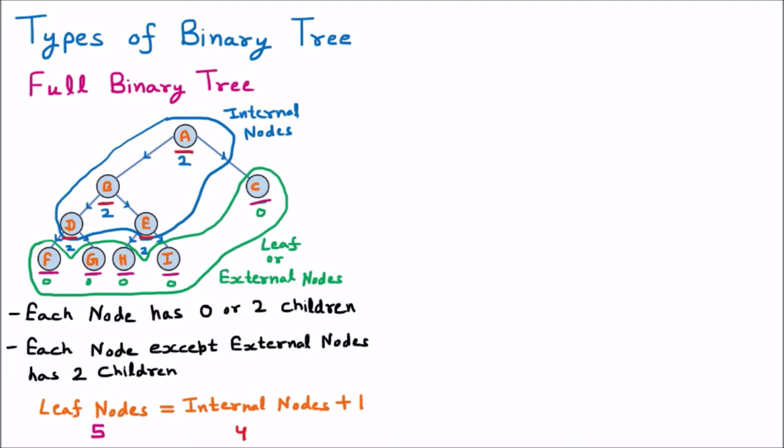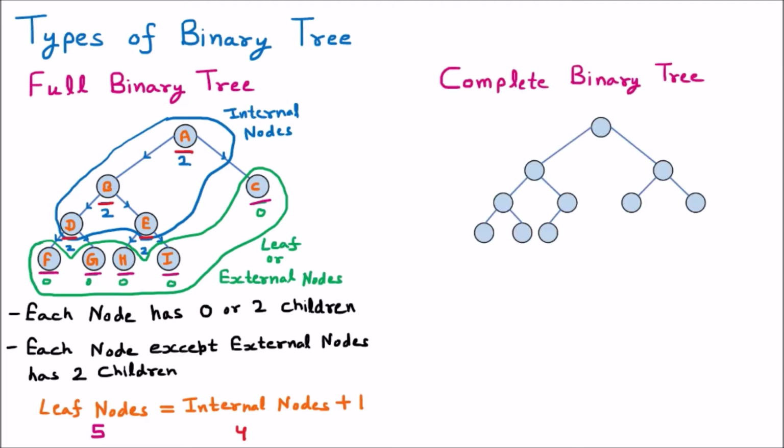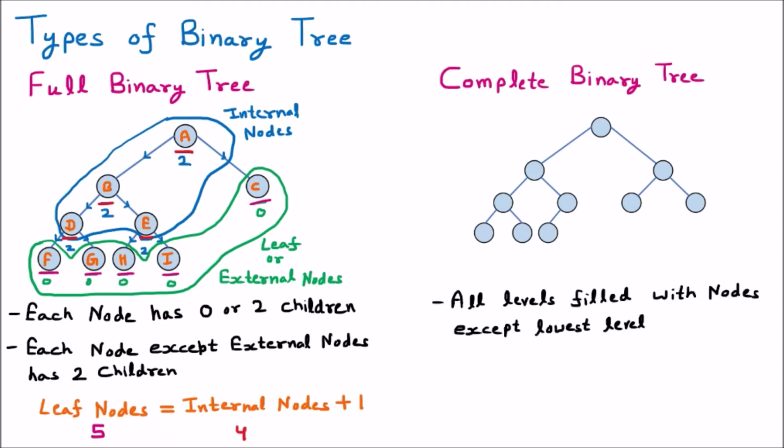Now we are learning the next type of binary tree, which is the complete binary tree. Talking about the complete binary tree, here all levels are filled with nodes except the lowest level. First of all, I am providing names to these nodes to understand.